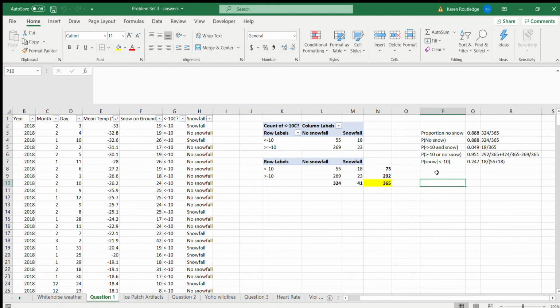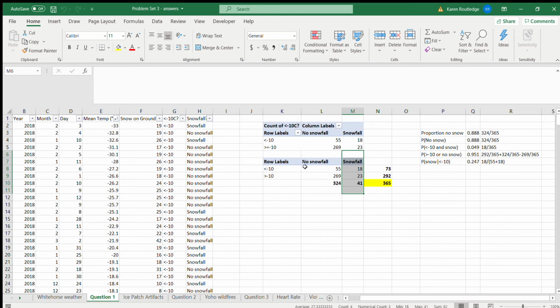And here's why. Let's use the actual data and calculate this probability. So the correct answer for part C here, with the probability of less than -10. So here's our less than -10 column. So that's 73 out of 365, and snowfall. So there's our snowfall column, 41 out of 365. So we want both of these to happen.